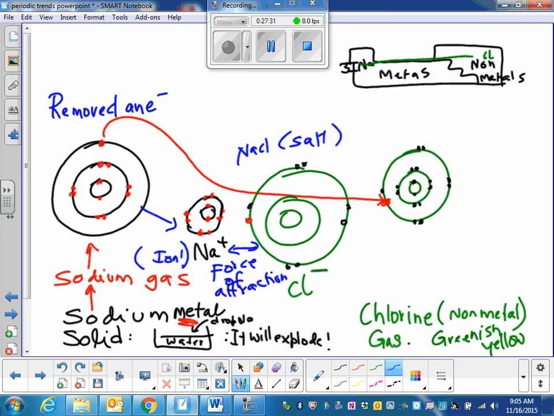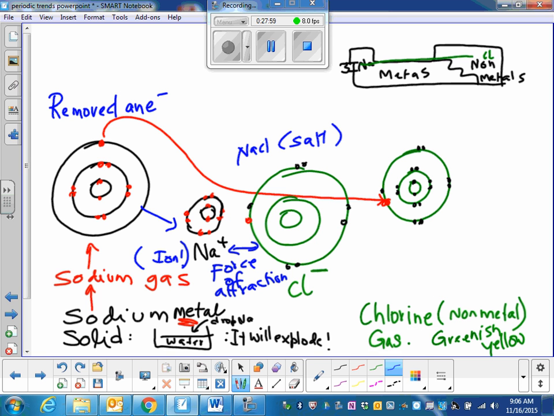What are ions? They are atoms that have lost or gained which particle? Electron.